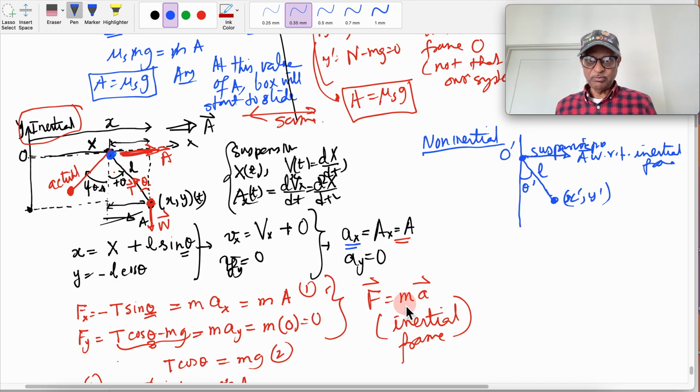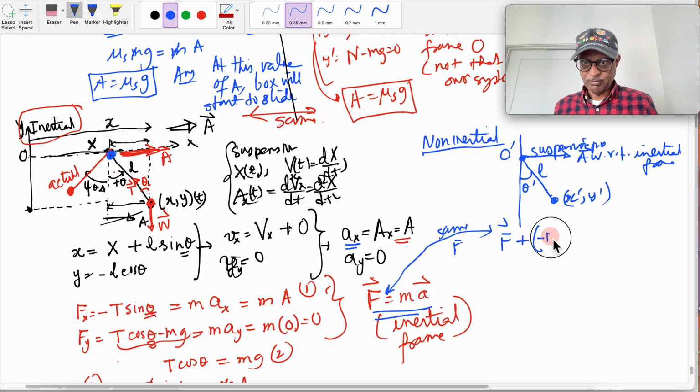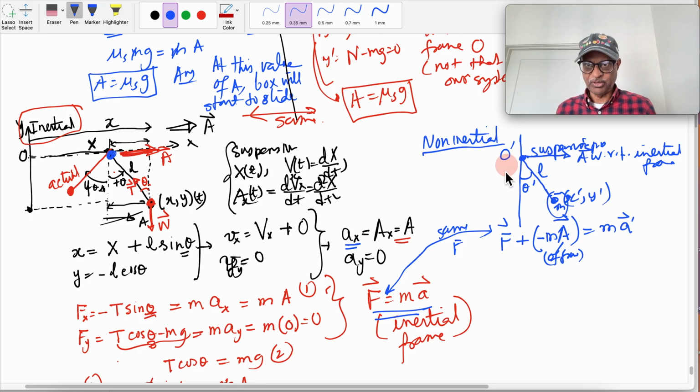So the equation is not the same as before. It's the same F, but I need to add the fictitious force, mass of my system times the acceleration of the frame, and then it's going to be mass times A prime, the acceleration within this frame.